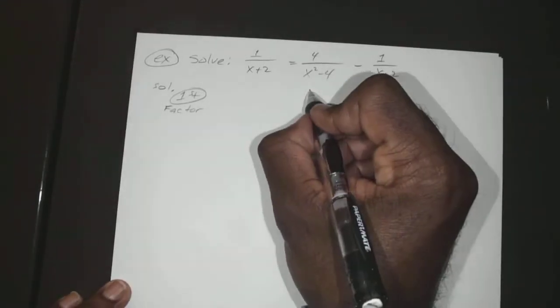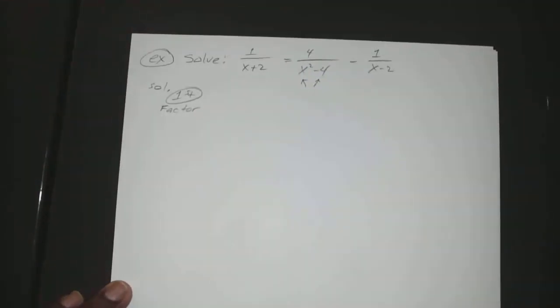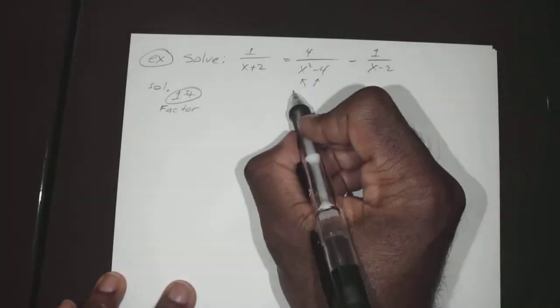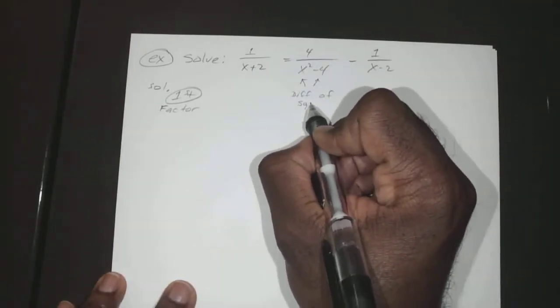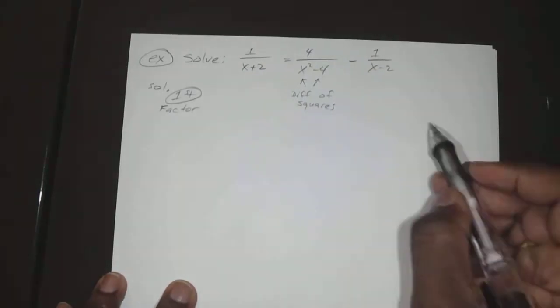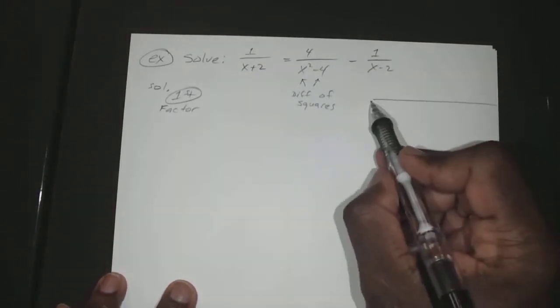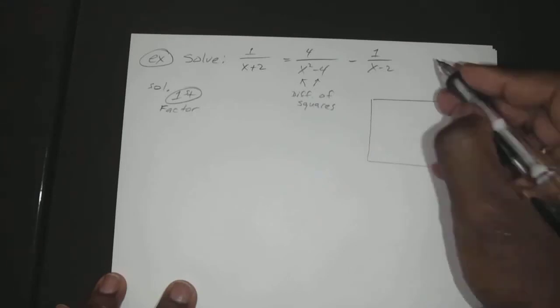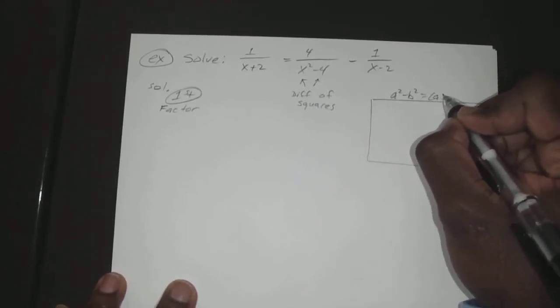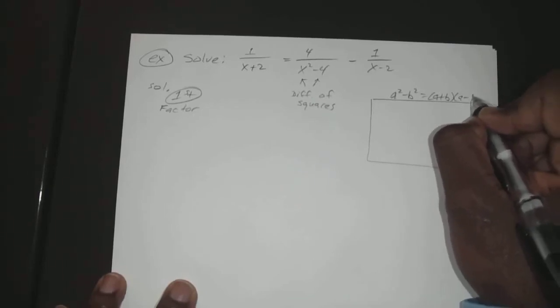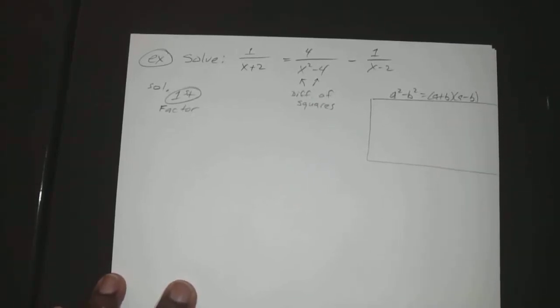Okay, so the only thing that can actually be factored is this term here. And that's because it's a difference of squares. You know difference of squares, a squared minus b squared is a plus b times a minus b.